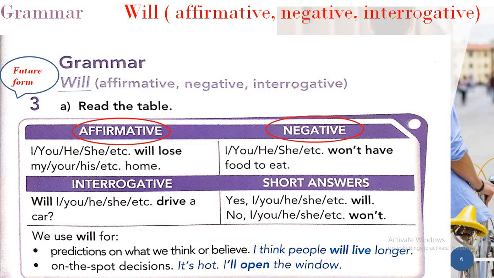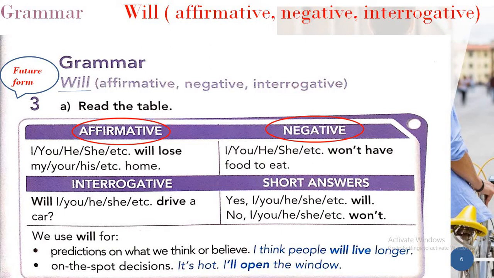So let's start with affirmative. We have I, you, he, she, etc., which means the subject, then will, then the verb. So this is the form of affirmative.